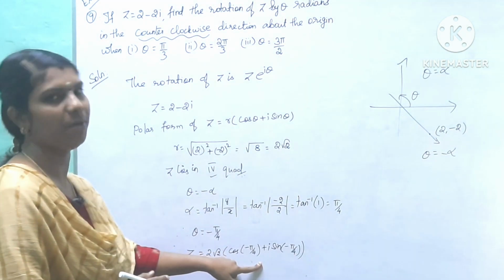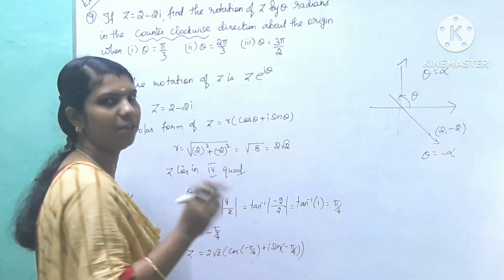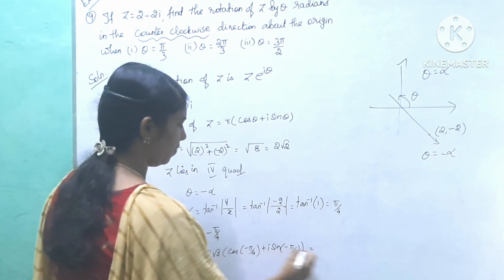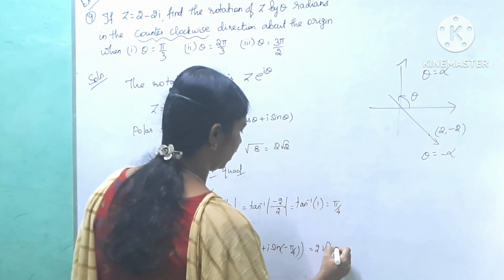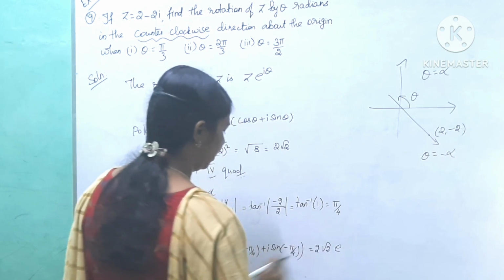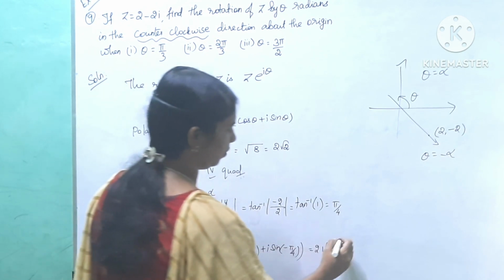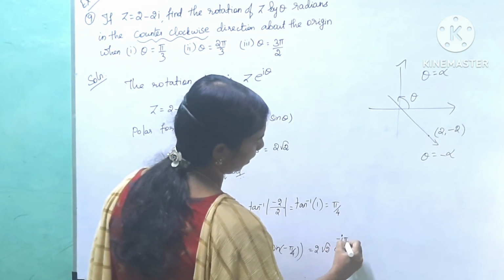We write it using Euler's formula as e power, because when we multiply e power terms, the powers get added. So we change the polar form into Euler's form, that is e power i into the angle value, e power i into minus pi by 4.